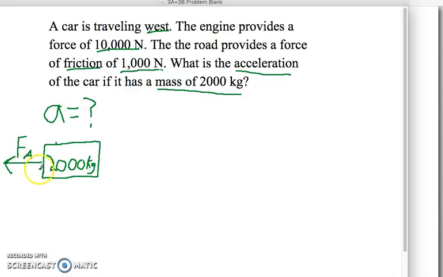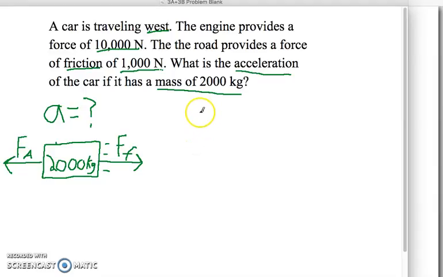And west would be a negative direction, so that's why I'm drawing it in the negative direction, to the left. And then we have the force of friction slowing it down. So the car is moving this way, to the left, as we drew it, and you have the force applied from the engine, and then the force of friction is going to be this way, slowing it down. And we're ultimately looking for the acceleration.